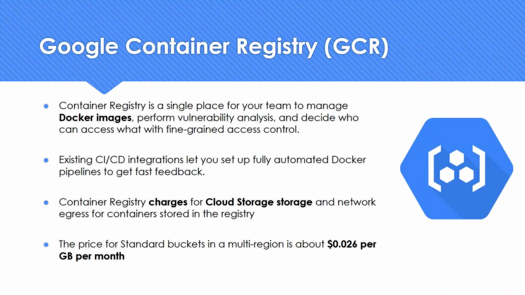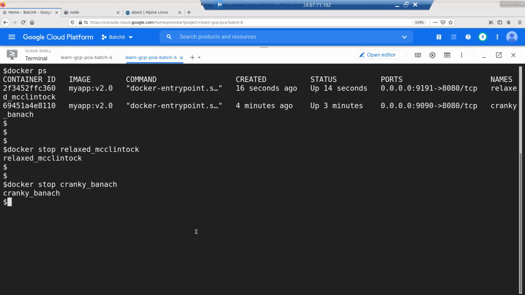Now, before we go to container registry, you may think, can I keep my stuff in Cloud Shell itself? Maybe now I'll run it, and maybe after lunch, I'll come and start working on it again. What will happen is, in Cloud Shell, as most of us know, it is ephemeral. Cloud Shell is ephemeral.